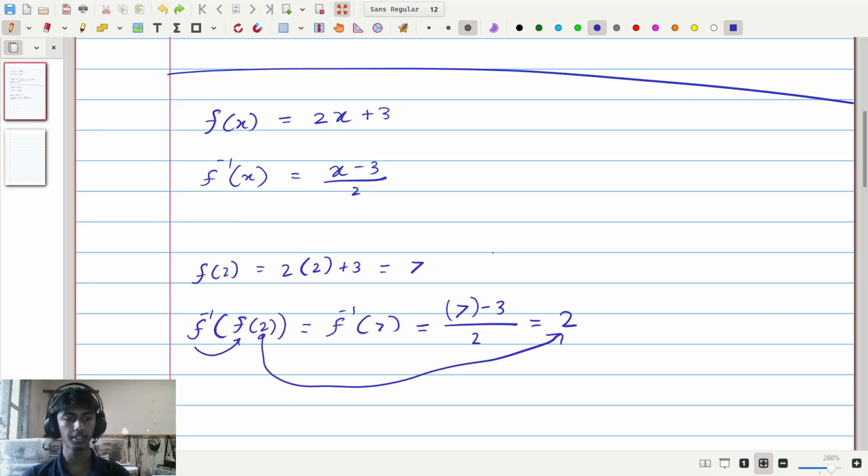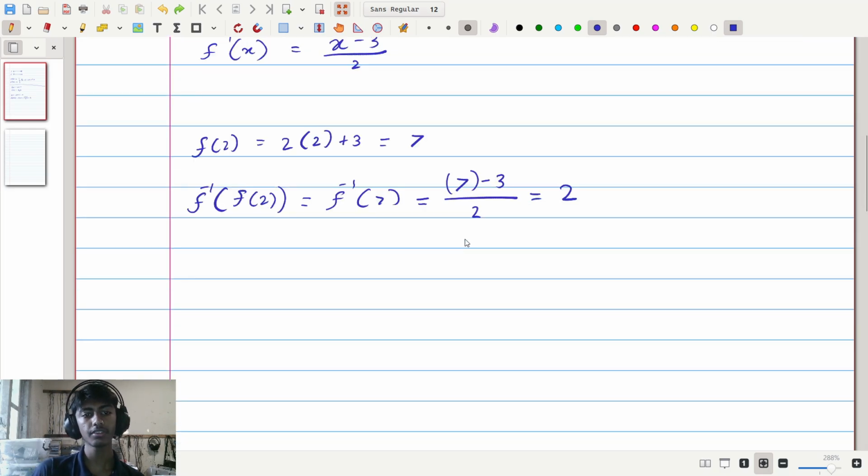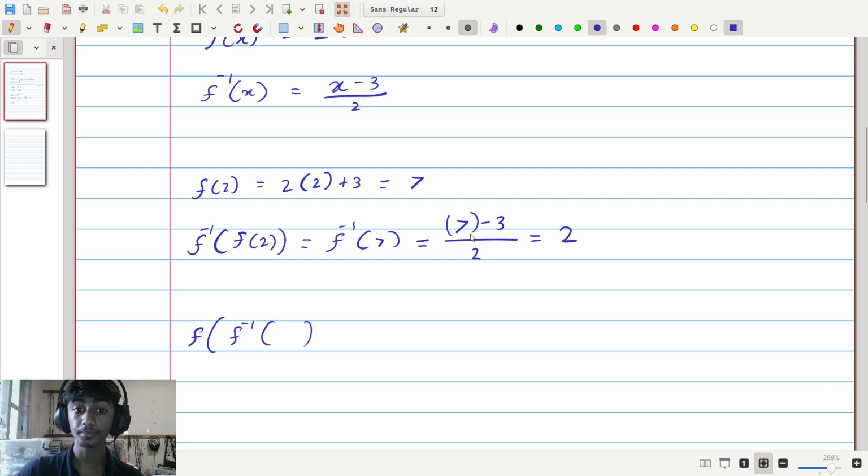We have that property. If we do it the other way, if we take f of f inverse of some number, let's say we take f of f inverse of 5. Now let's calculate what this is. To find this, first we find the inside function.